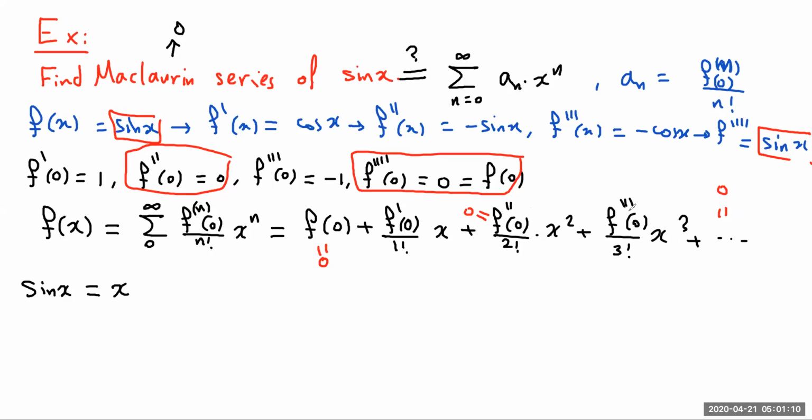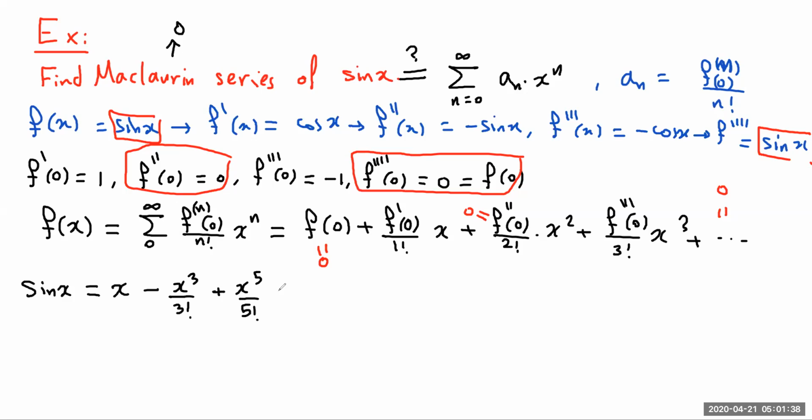The third derivative will be minus 1, so minus 1 times x^3 over 3 factorial. Here I have 0. After this 0, it's like the beginning. Then after that, I will repeat positive 1, 0, minus 1. So positive 1 gives x^5 over 5 factorial.